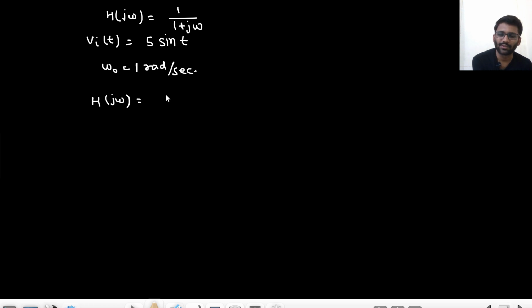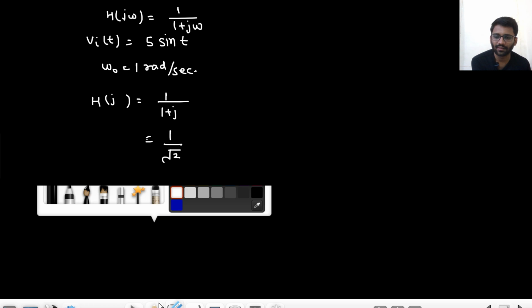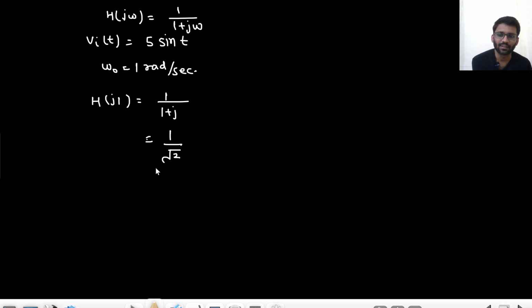Okay, so H of j omega is 1 upon 1 plus j omega. So what is the magnitude? I should write j omega, but I can write H of j1 because omega naught is 1 only. H of j1 would be, this is the magnitude and this is the angle.